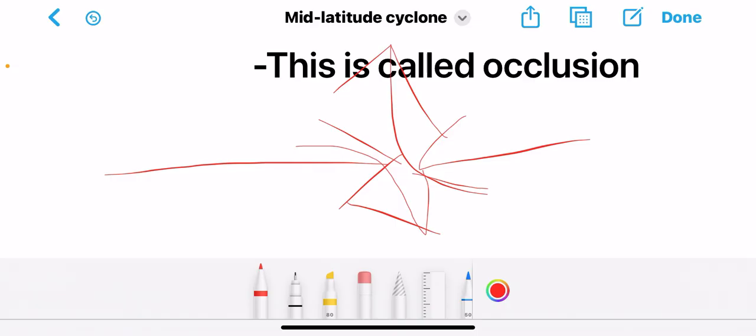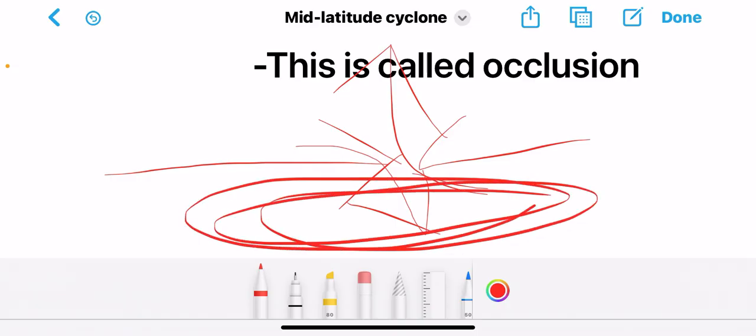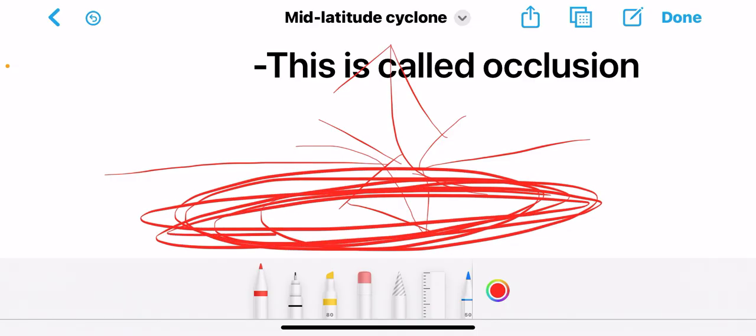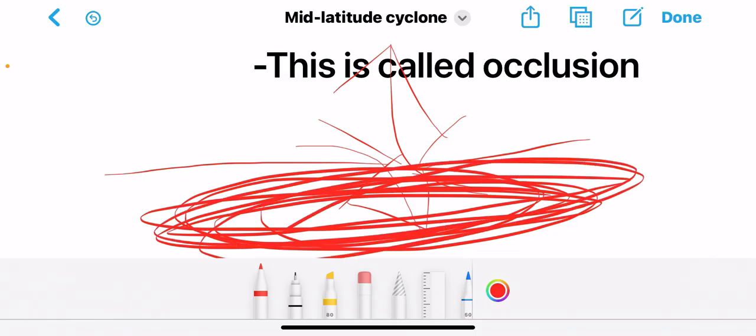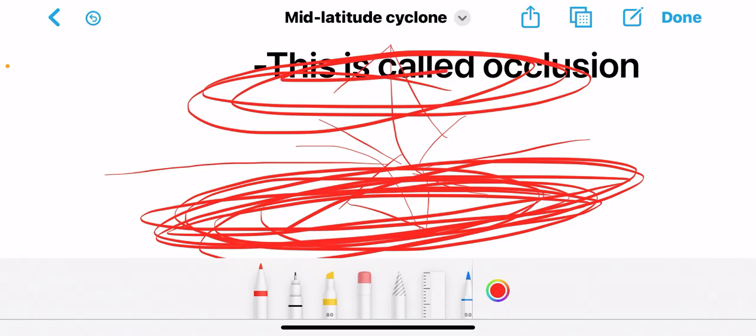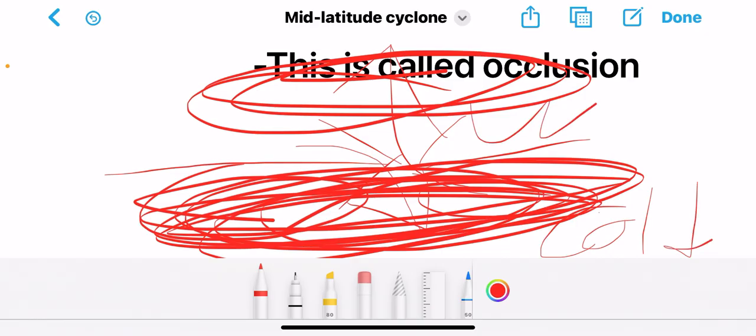The warm air. And over the ground, we will be left with so much cold air, only cold air. All the warm air will be in the atmosphere. But here on the ground, we'll only have what? Cold air. But in the atmosphere, we'll have what? Warm air.